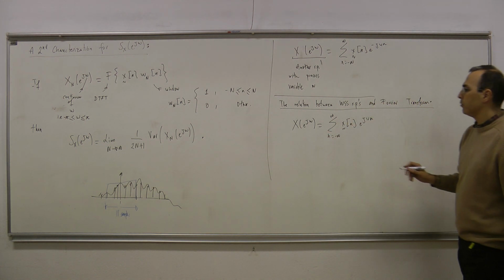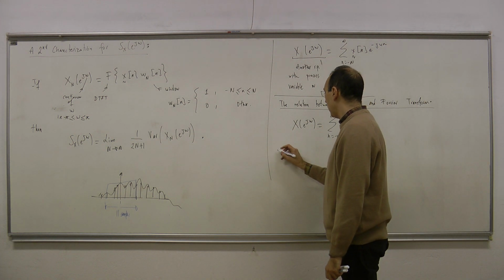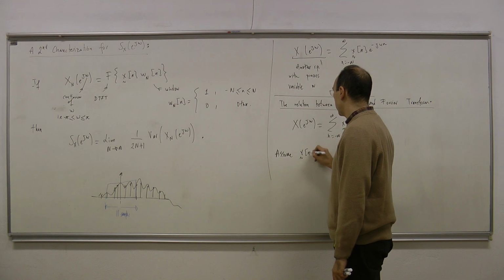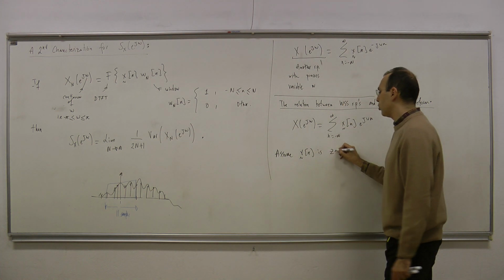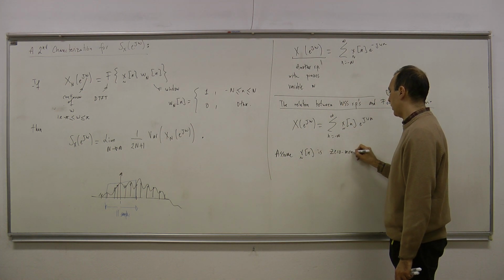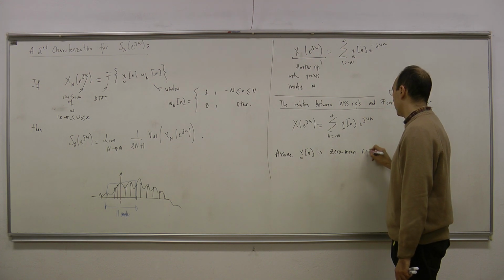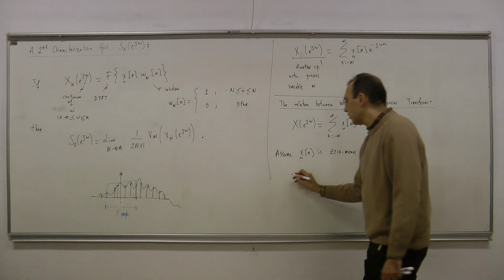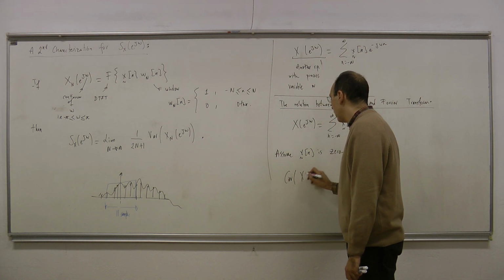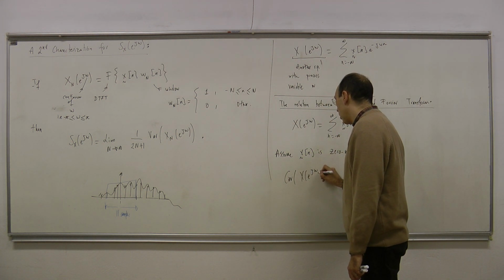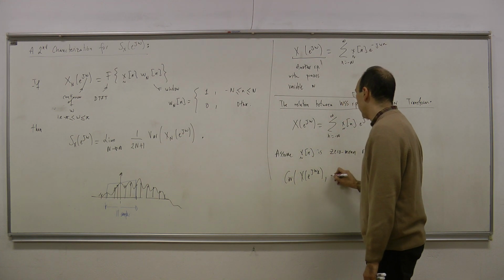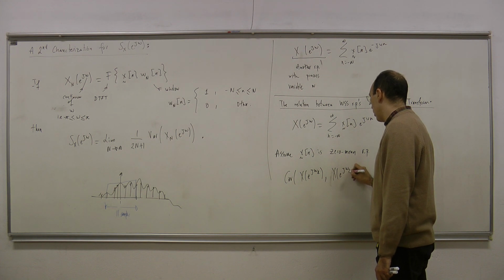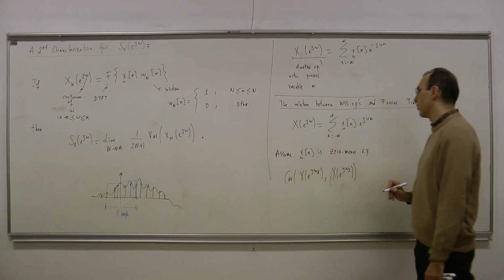Now the question is, assume x of n is zero mean, as we did all the time. I'm not interested in the mean actually. And calculate the covariance of X of e to the j omega 1 and another frequency, X of e to the j omega 2.